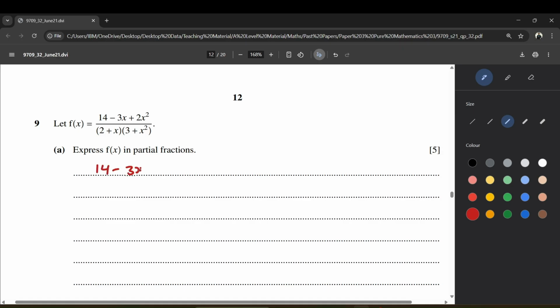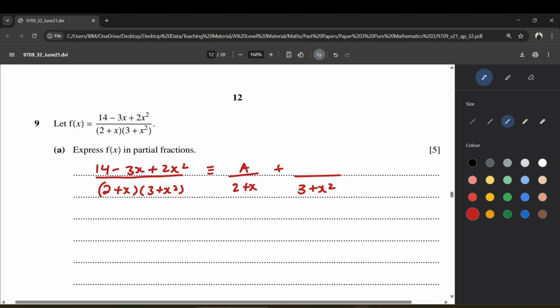Okay, so we can write the numerator as it is, divided by 2 plus x times 3 plus x squared. So this is equivalent to, now for a linear factor we will write A upon 2 plus x and for a quadratic factor the numerator should be 1 degree less than the denominator.